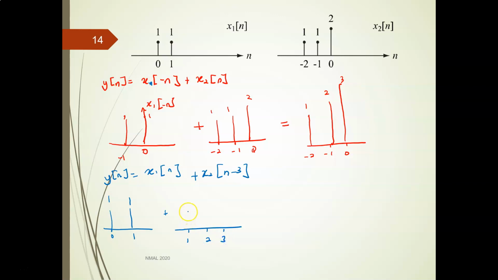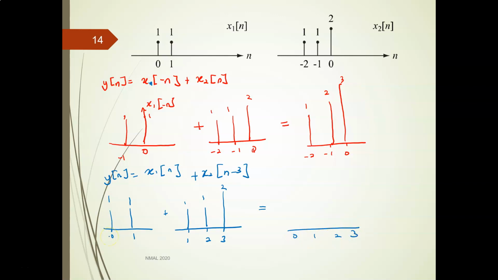Okay, so the signal here is 1, 1, and again, x2[n-3] is the x2[n] signal shifted to the right. Because here n minus 3 means that it is shifted to the right by 3. So you shifted all the signals to the right. So instead of starting at n equal to -2, it starts at n equal to 1. So you just add together, and you will get the signals at 0, 1, 2, and 3.